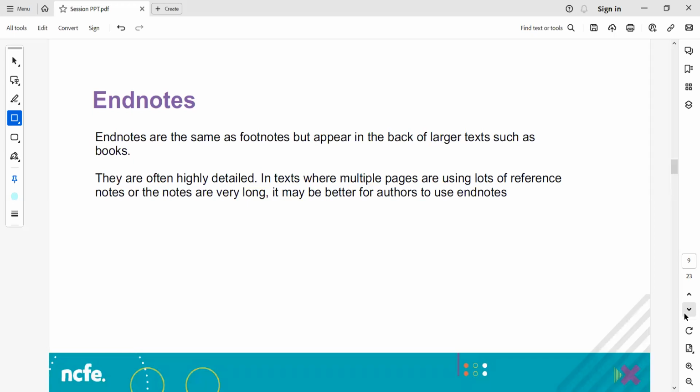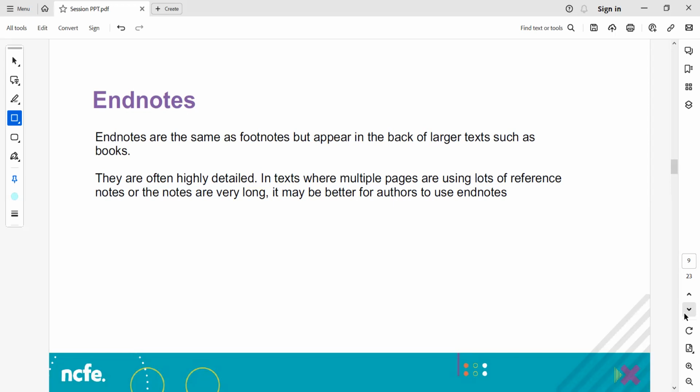So rather than doing that, the author uses endnotes instead at the back of the finished text, so that it's not a distraction, it doesn't take up too much space because of the level of detail.